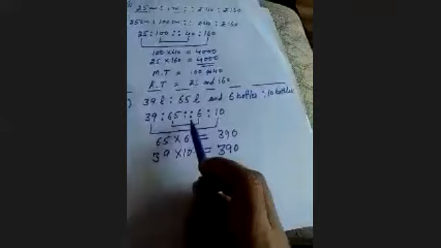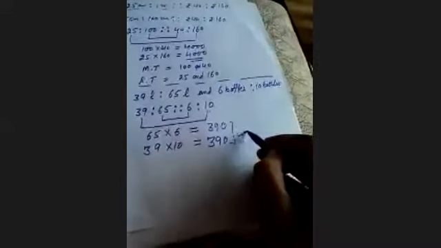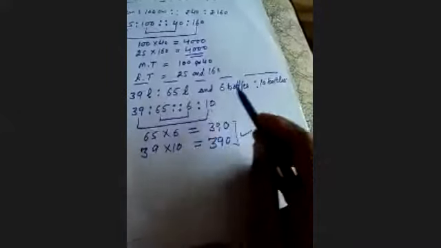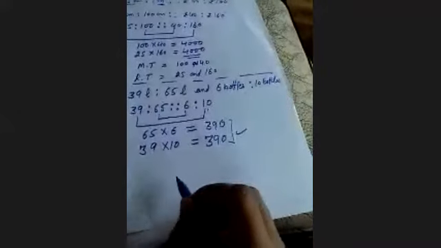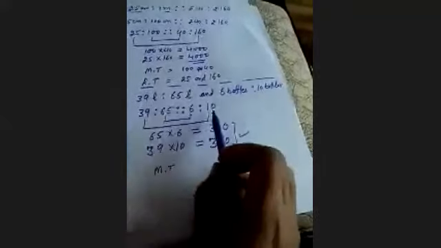So students, the product of mean terms and the product of extreme terms is equal. So it means these two ratios form a proportion. So middle terms are 65 and 6, and extreme terms are 39 and 10.